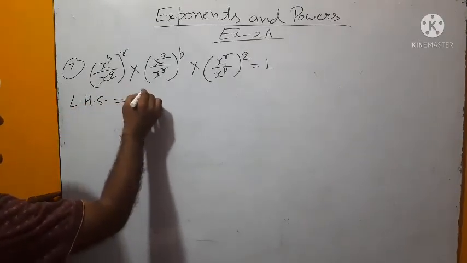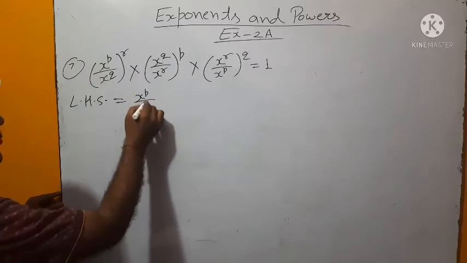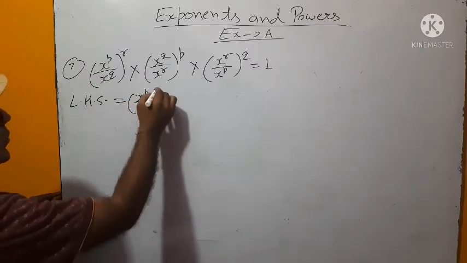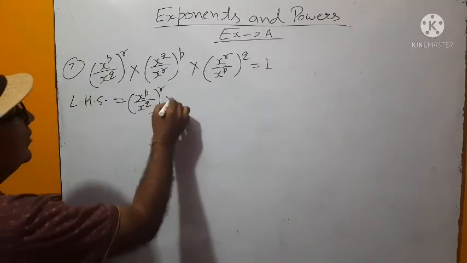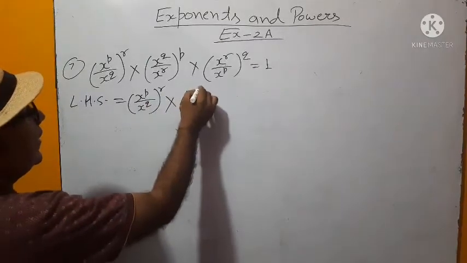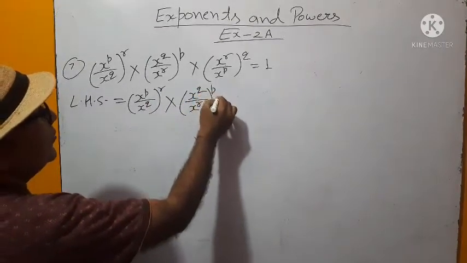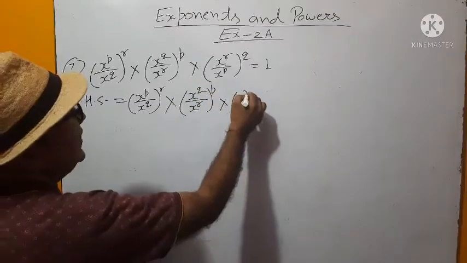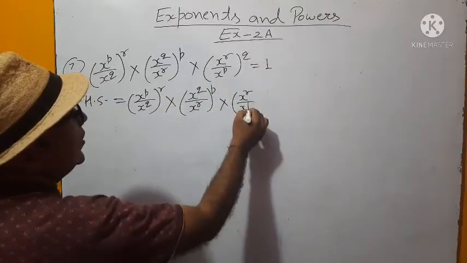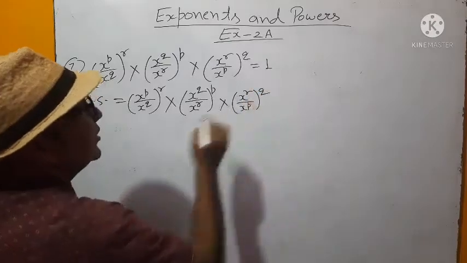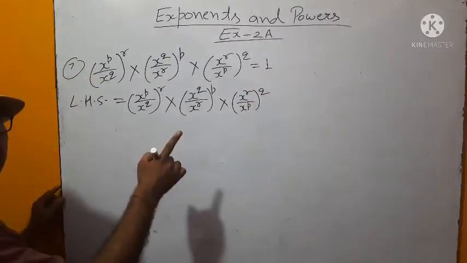Here the left hand side is (x^p / x^q)^r multiplied by (x^q / x^r)^p multiplied by (x^r / x^p)^q. This is the left hand side.